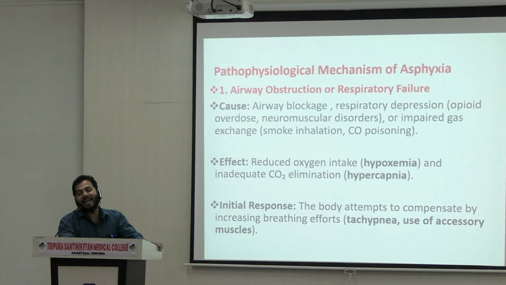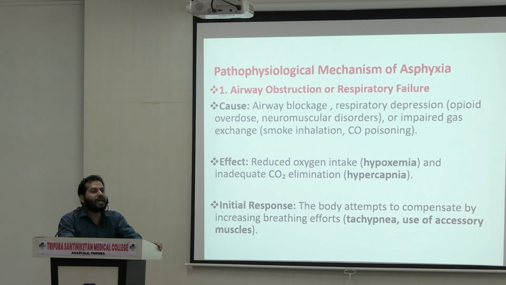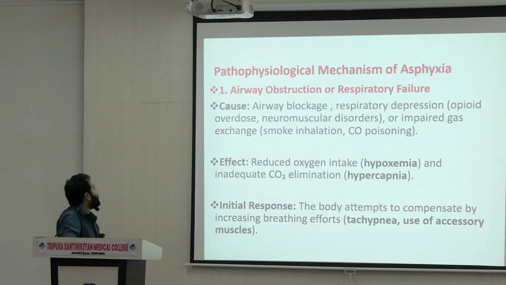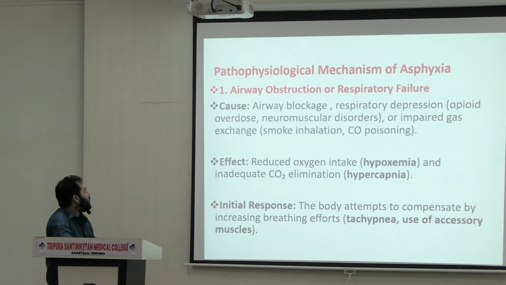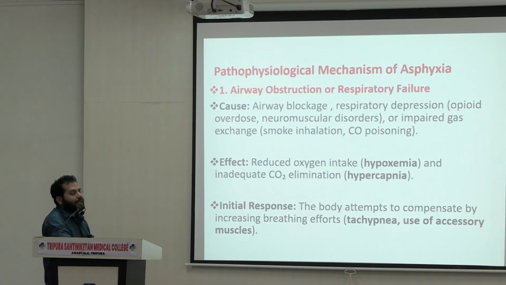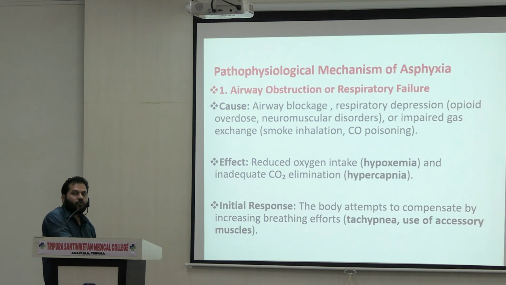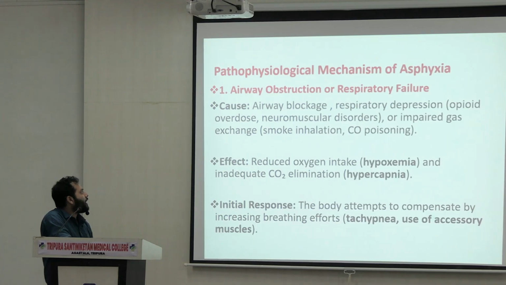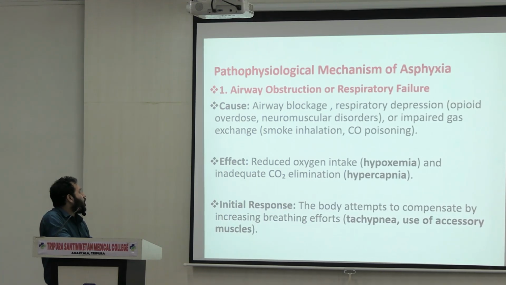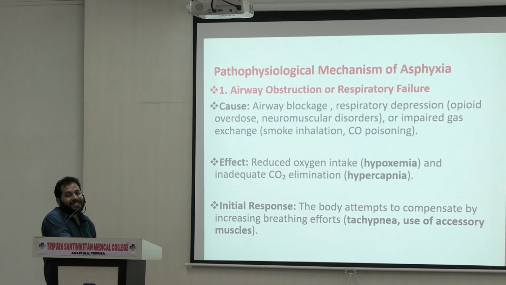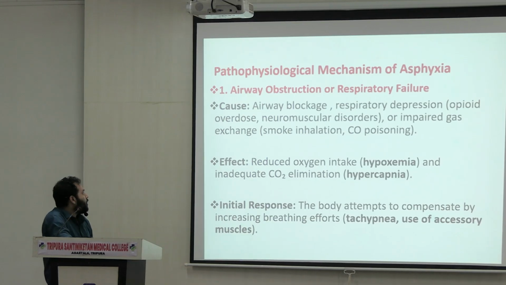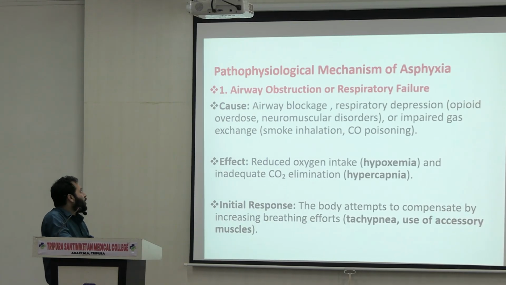So what is the exact pathophysiology of asphyxia or different types of asphyxia? See here, the first one, airway obstruction is the very common one, right, of mechanical asphyxia, right? So here, not only airway obstruction, we can say due to airway obstruction, there is a high chance of respiratory failure, right? So what are the most important causes?